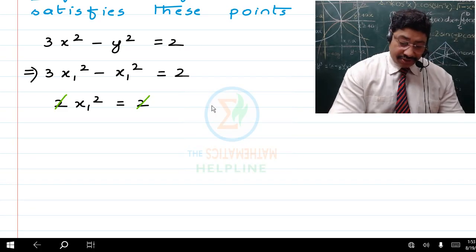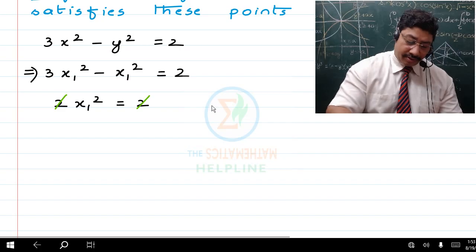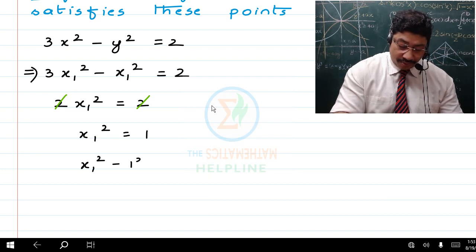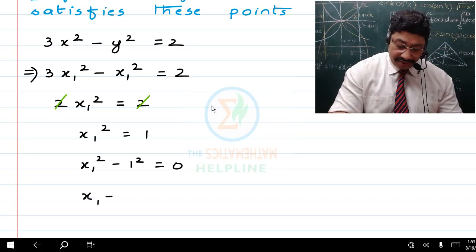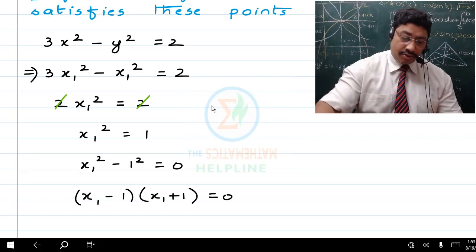As such, you will get x1 square to be equal to 1, right? Thus x1 square is equal to 1, and thus you can say that x1 square minus 1 square will become equal to 0, or in other words, you will have x1 minus 1 times of x1 plus 1, which will become equal to 0. Why so?